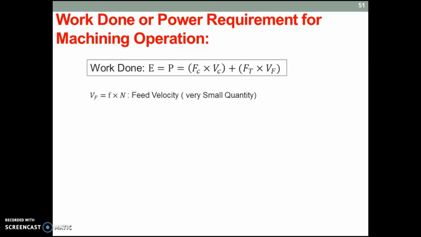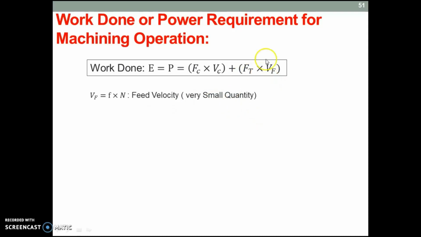Normally in machining operations, the feed we are giving is only a fraction of a millimetre, like 0.1 mm or 0.2 mm. So if the machine is running at 500 rpm, then 0.1 mm into 500 revolutions per minute gives a very small quantity.